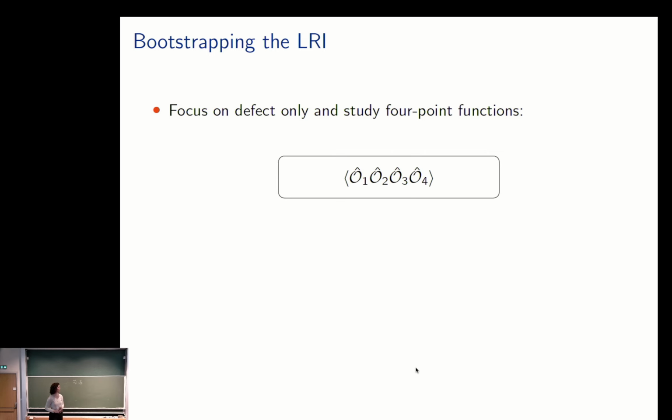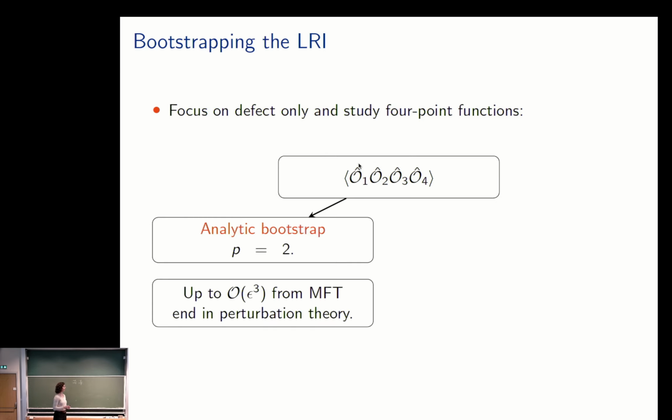Okay, let's now turn to bootstrapping the long-range Ising model. So here we will, for the moment, forget about the fact that we can have this bulk defect setup, and we will focus on only operators on the defect, so within the long-range Ising model. And typically for the bootstrap, we will use correlation functions of 4 operators to study.